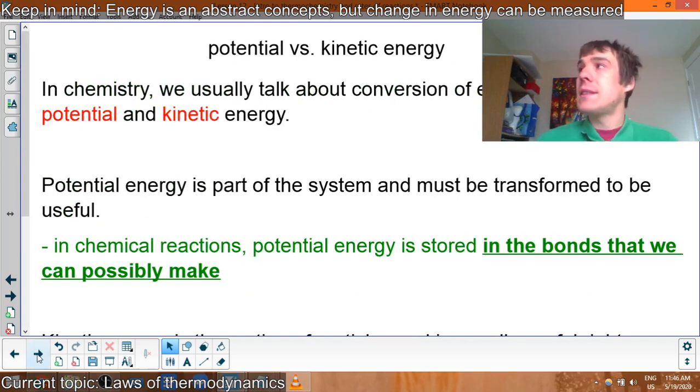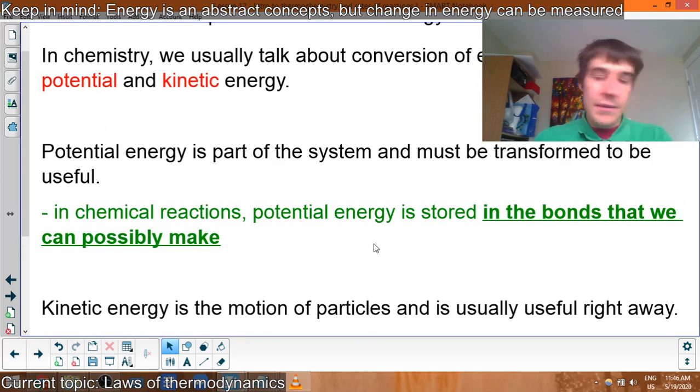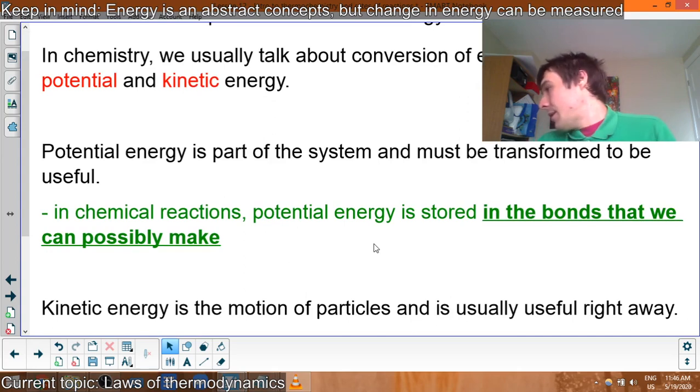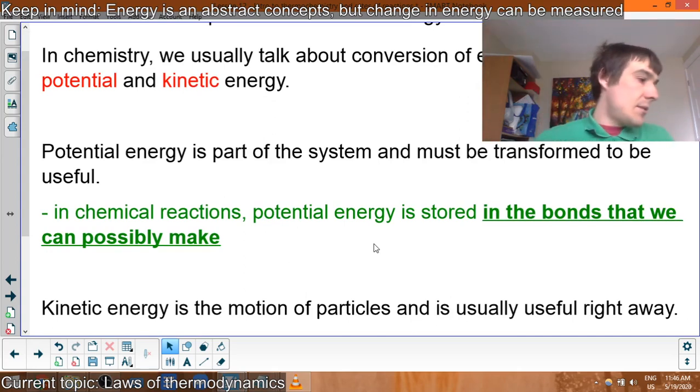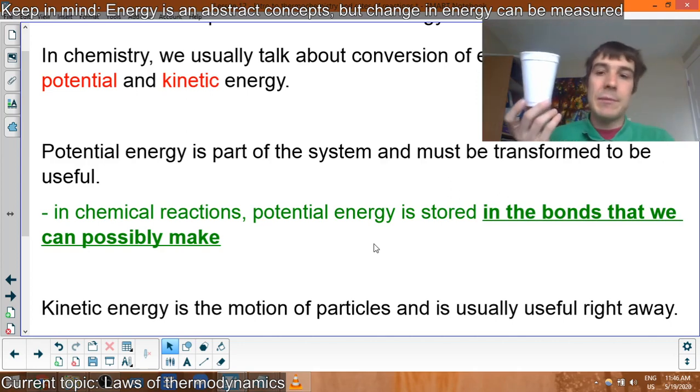So potential versus kinetic, right? We convert between potential and kinetic energy. Potential is part of the system, has to be transformed to be useful. In chemicals, it's stored in the bonds that we can possibly make. I've got this styrofoam. Styrofoam is flammable.